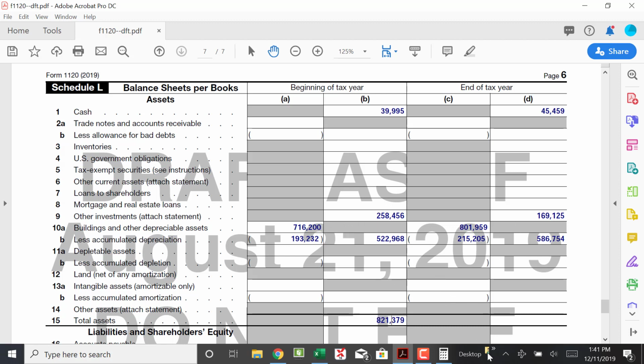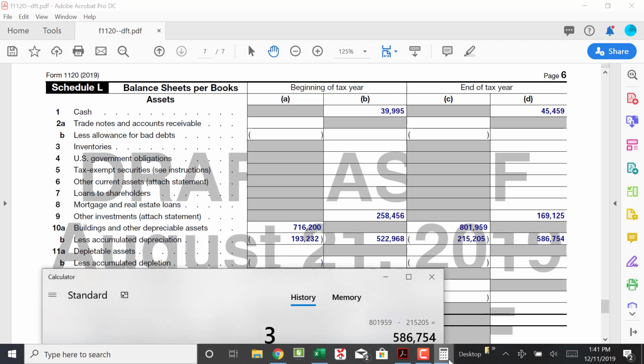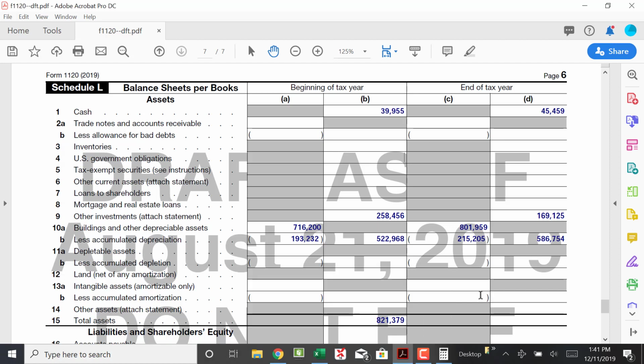And then I'm just going to double check these. $821,419. I am still off by $30. Okay, so that looks correct. I think it's here. 232. What did I do? 955. Okay, so now I get to the 821,379.